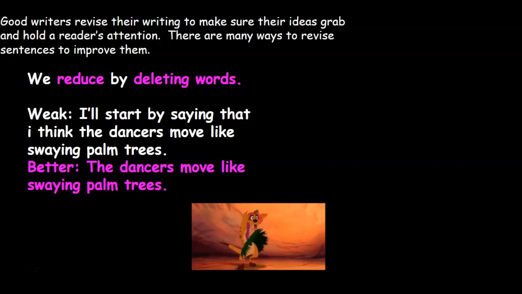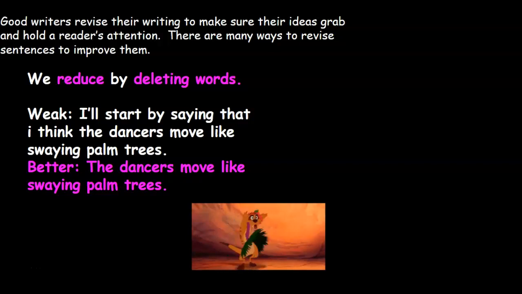Okay, you really don't need to tell the reader of whoever's reading your writing, "I'm about to do this," or "I hope you liked my writing," or "Here's an example I'm about to tell you." You don't need that extra little, like you're talking to the reader. You could just say, "The dancers move like swaying palm trees."